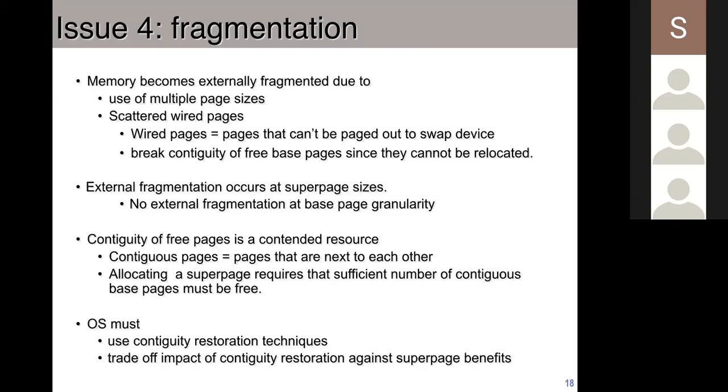So if your OS is doing tricks, like taking some base pages of the superpage and swapping them out, the MMU doesn't know that. The MMU doesn't have that extra information about which part of the superpage is swapped out. So if it gets an offset that falls into one of the swapped parts of the superpage, it's just going to go and try to access that physical memory address, and it will easily access some other process's memory, which is not what we want.